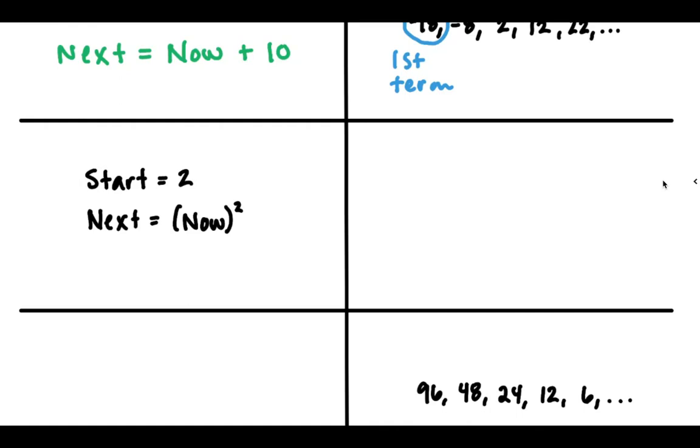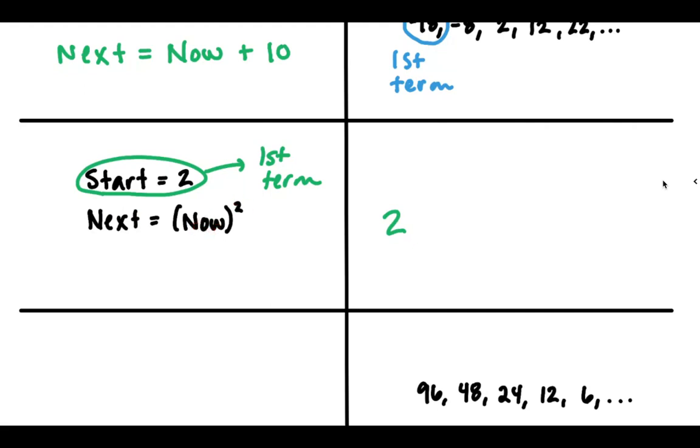Here we have a formula and we want to write the sequence. So the formula is telling us where we start. This is our first term. So we know that the sequence starts at 2. And now let's look at our rule. So the rule says next equals now squared.